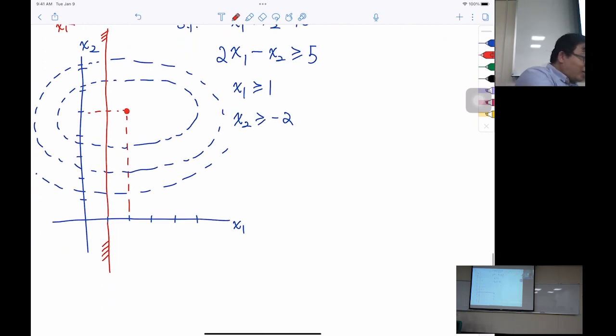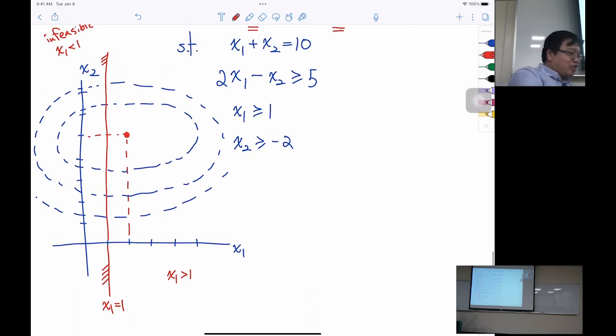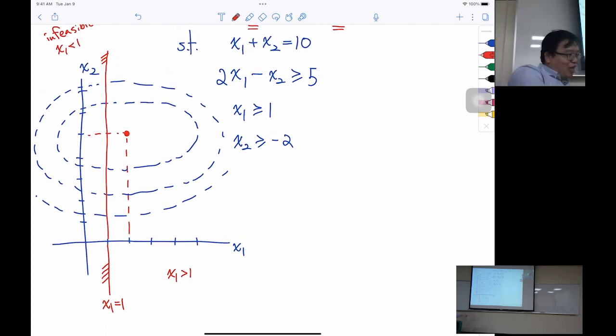So on the line, x1 equals 1, it's a part of the feasible space. On the right hand side, x1 is greater than 1. So including the line and its right hand side, that's the place for us to find solutions. So this straight line indicates this particular constraint. Okay, how about the other one?